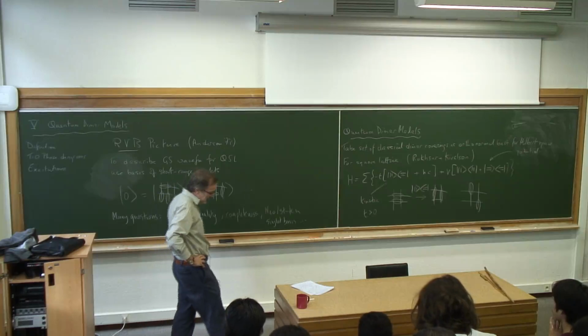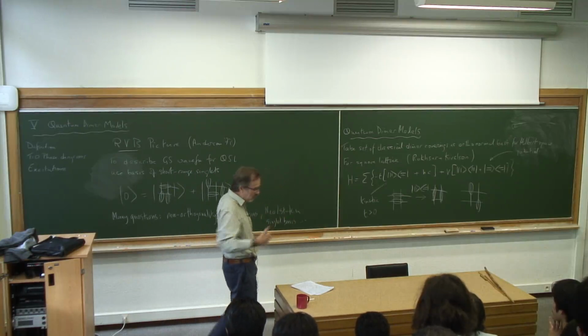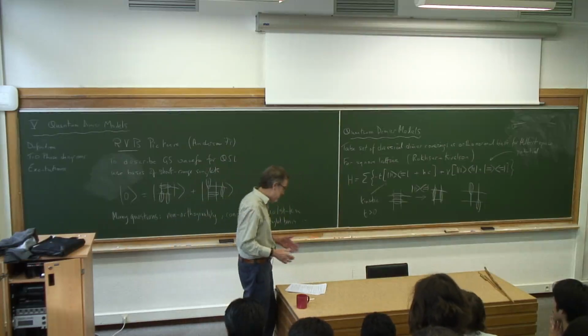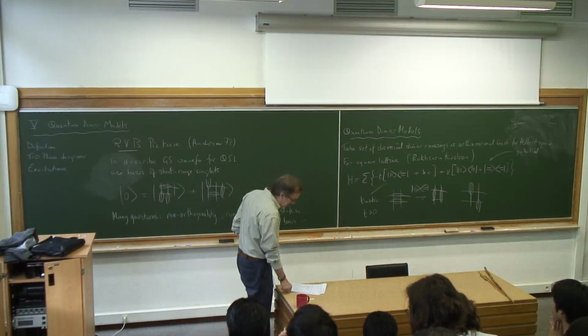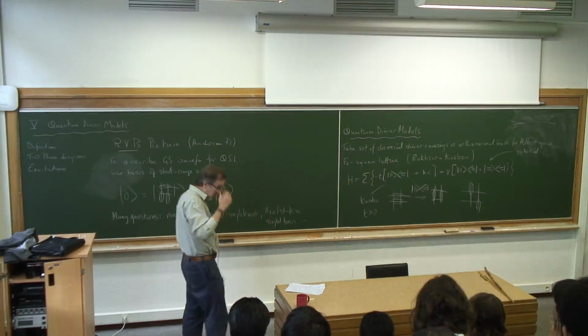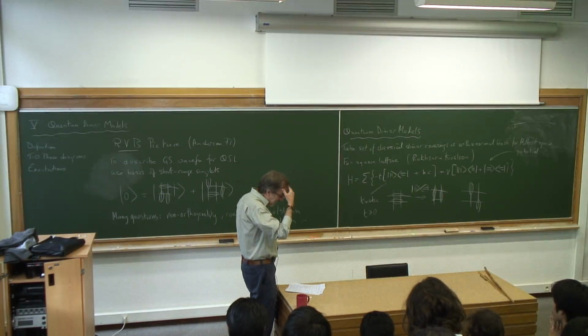But for these frustrated spin systems, there is a real difficulty because there's a so-called sign problem in quantum Monte Carlo, which is an obstruction to learning about ground state properties. And to some extent, DMRG on strips is now giving you a route around that.